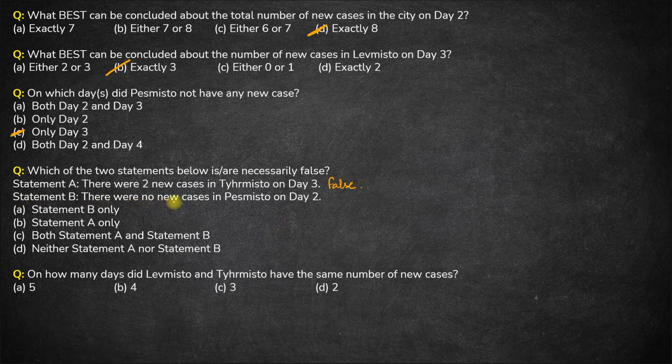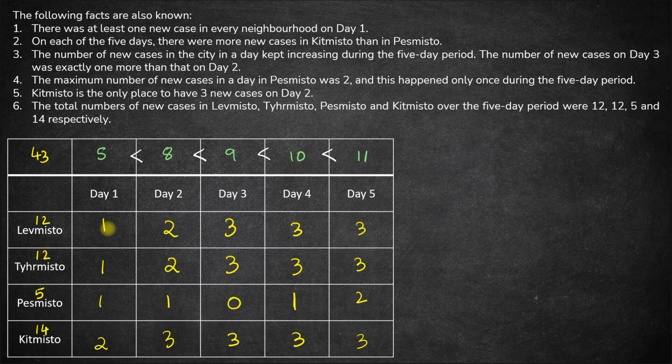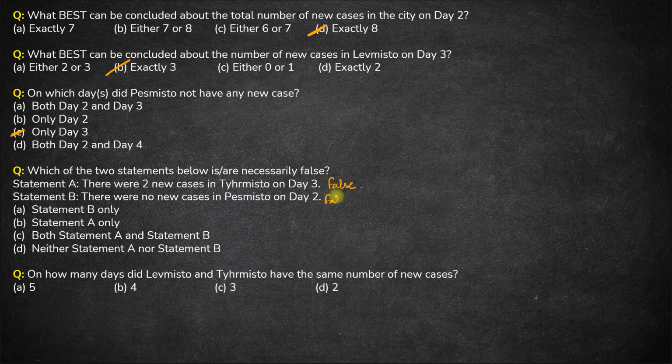Statement B, there were no new cases in P on day 2. So P day 2, there were no new cases. No, there is 1 new case. So this statement is also false. So we have to figure out which of the statements are necessarily false. Both of them are necessarily false. Hence the answer is option C. Both statement A and B are necessarily false.